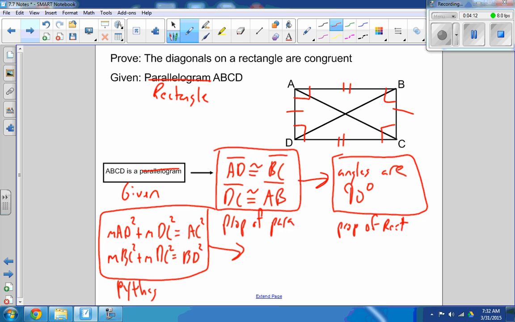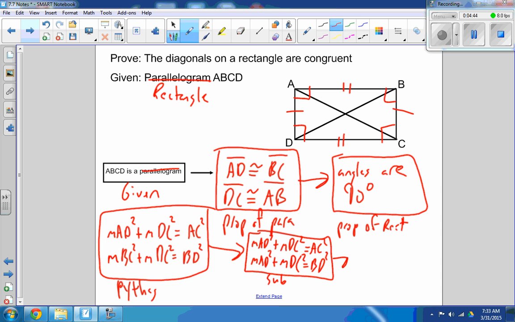Now, since we know AD is congruent to BC, we can do a little bit of substitution and get the idea that the measure of AD squared plus the measure of DC squared equals AC squared. And then the same thing, the measure of AD squared plus the measure of DC squared equals BD squared. Substitution.